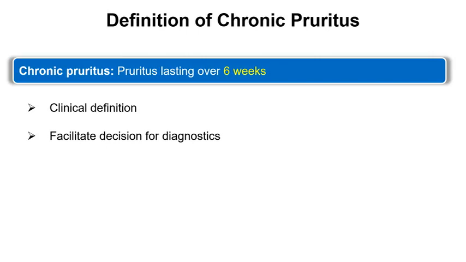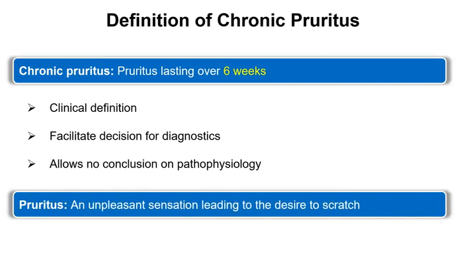Because sometimes, very rarely, a lymphoma hides behind the symptom, and we do not want to wait very long until we start the diagnostics. But this definition does not allow any conclusion to the underlying pathophysiology. Another very old definition is that pruritus is an unpleasant sensation leading to the desire to scratch. And this definition is very true, and many dimensions hide behind that.